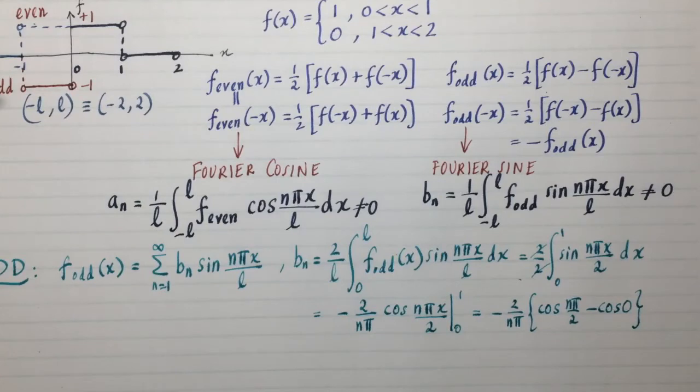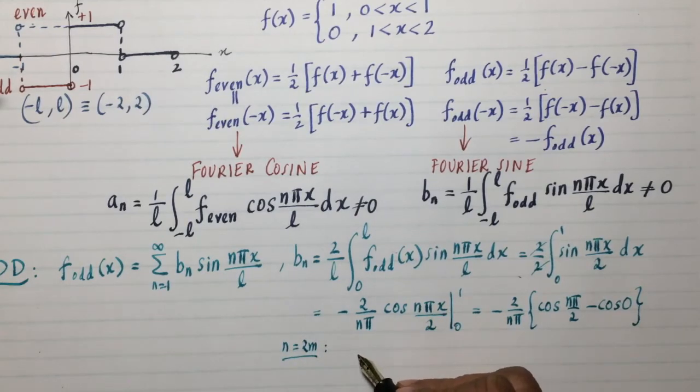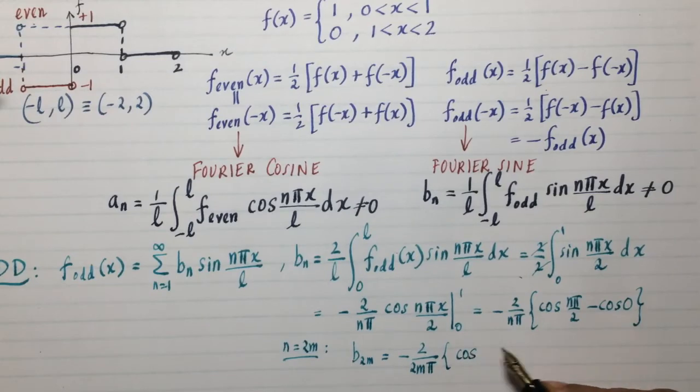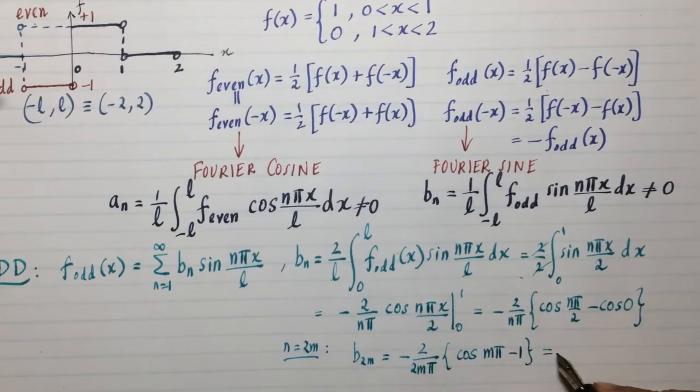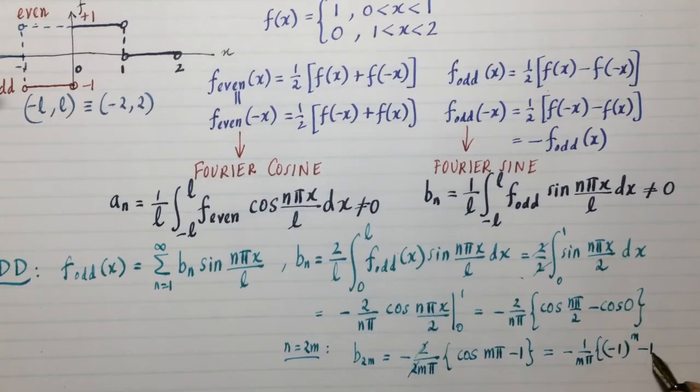It might be a good idea to split this up into even and odd, just to see what happens for each case. So if n is even, then I'm going to get b2m equals negative 2 over 2m pi cosine of 2m pi over 2, which is just m pi, minus 1, and that's going to give me negative 1 over m pi times negative 1 to the power m minus 1.